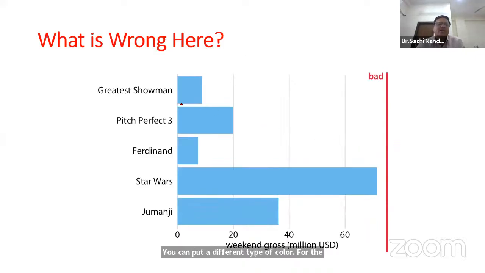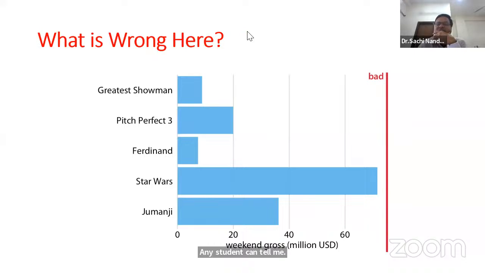Anybody can tell me what is wrong here? Is there something wrong? On this visualization graph, what is wrong here? Please tell me, any student? Wrong axis.